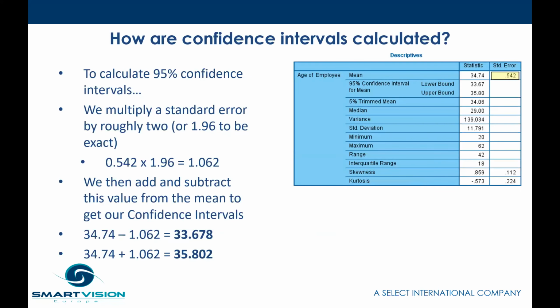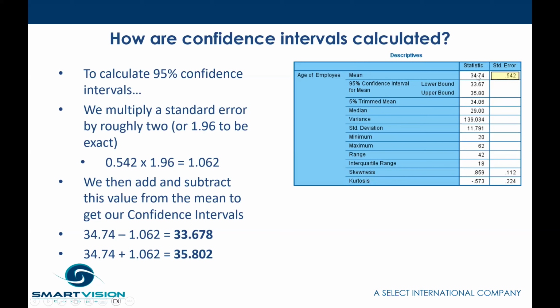To calculate 95% confidence intervals, you take the standard error of the mean and multiply it by roughly 2. 1.96 is the correct number, because 1.96 is a special number associated with 95% in normal distributions. I'm not going to go into the deep math behind it, but it's roughly 2. In that case, it gives me a value of 1.062.